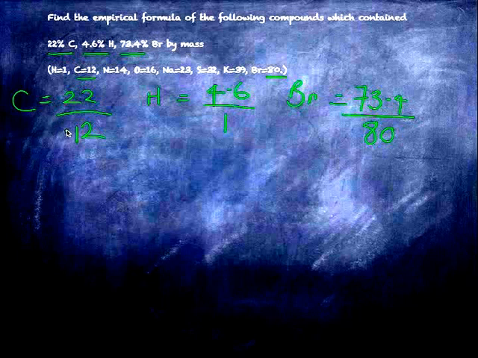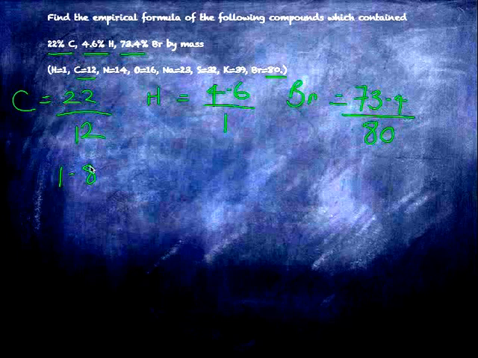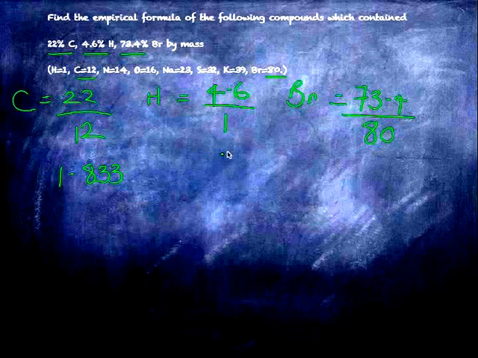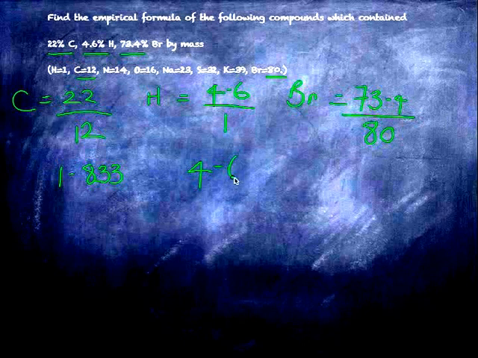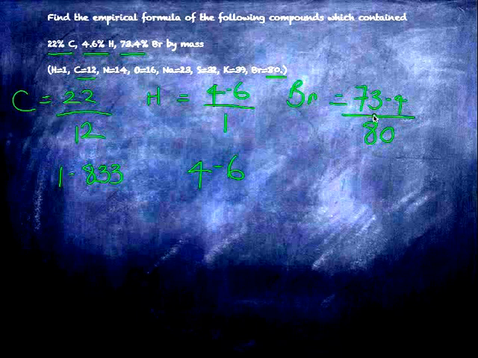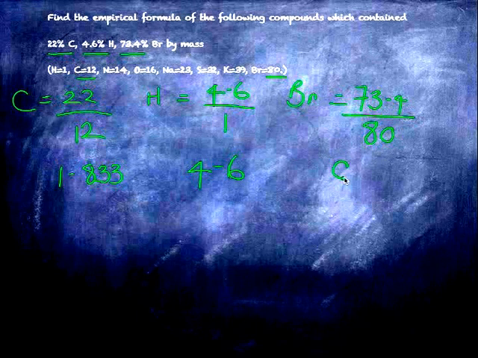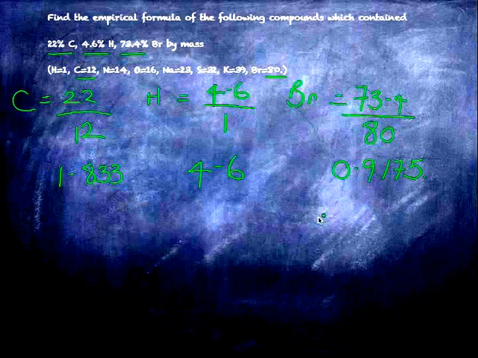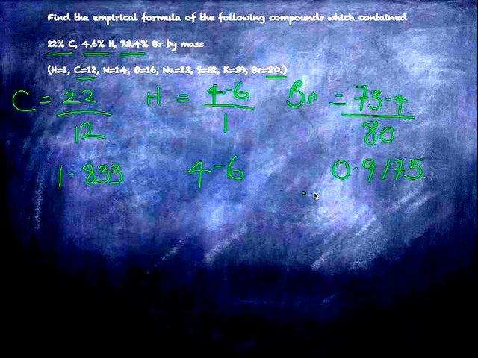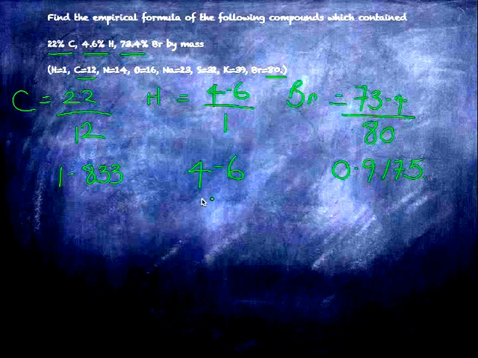So 22 divided by the 12 works out at 1.833. 4.6 divided by the 1 works out at 4.6. And our bromine then, 73.4 divided by 80 works out at 0.9175. Okay, now we have what look like three pretty awkward numbers here.